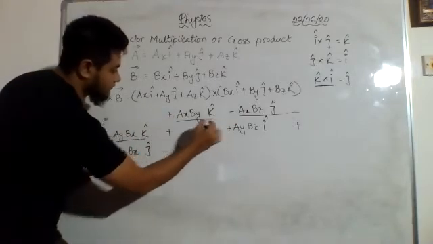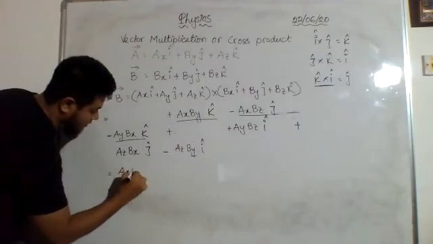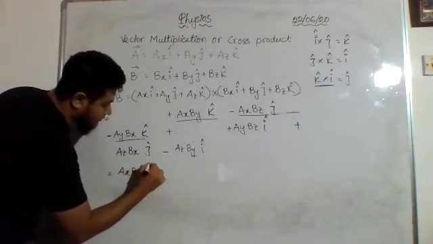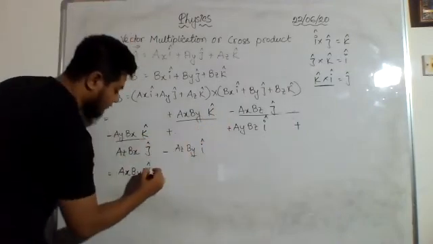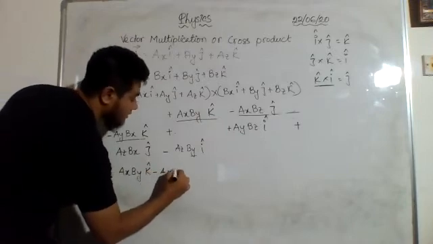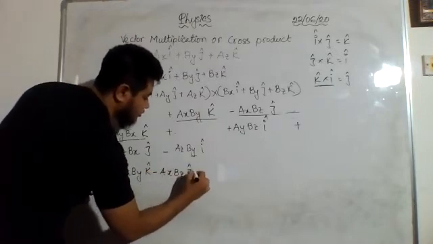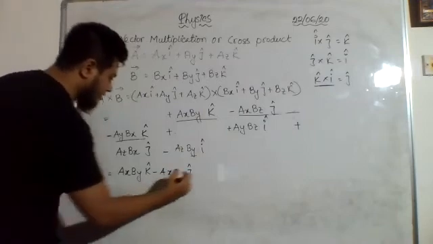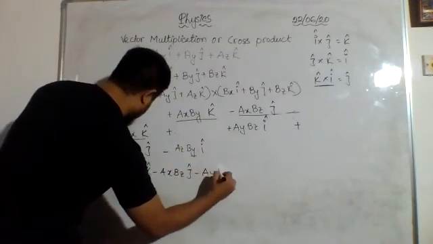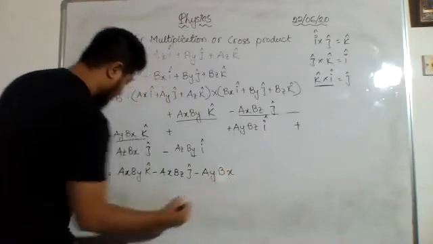And this is the first thing that we have: ax by k. Then we have minus ax bz j. Then we have minus ay bx k.